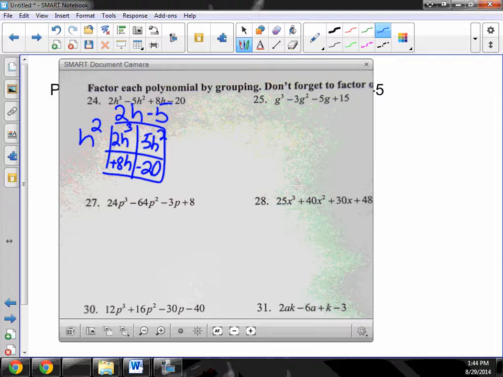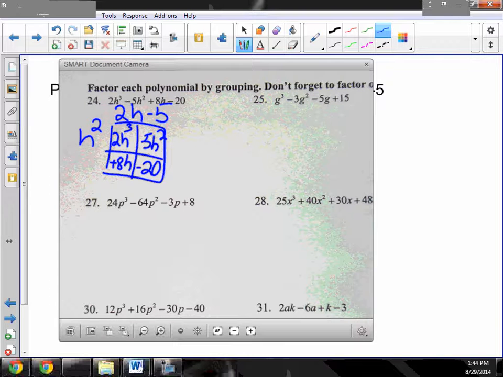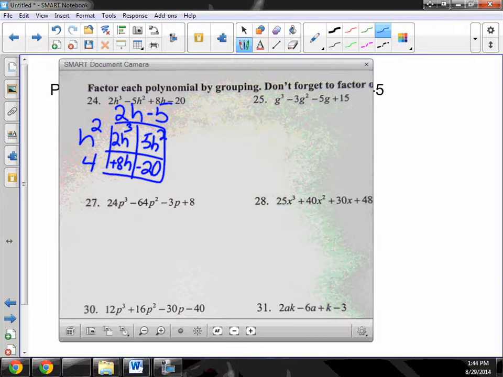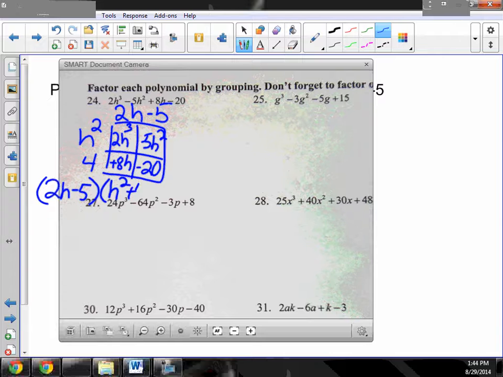Okay? So if I pull a 2h out of this box, what's left? A 4. And now, here's how we test to see if it's prime. Is 4 times negative 5 negative 20? Yes. So this worked, and my factors are 2h minus 5 and h squared plus 4.